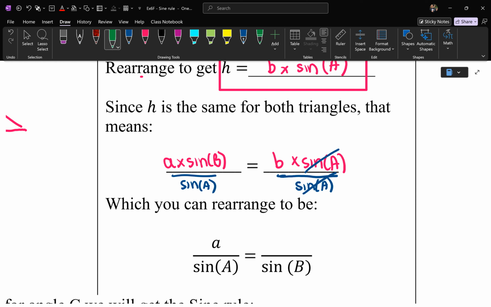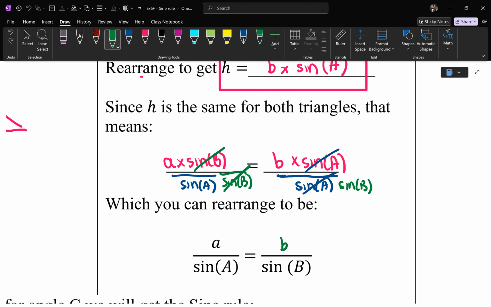Then if I divide both sides by sine B, these two cancel out. And you end up with this nice formula: little a over sine big A is equal to little b over sine big B. This is what we call the sine formula.